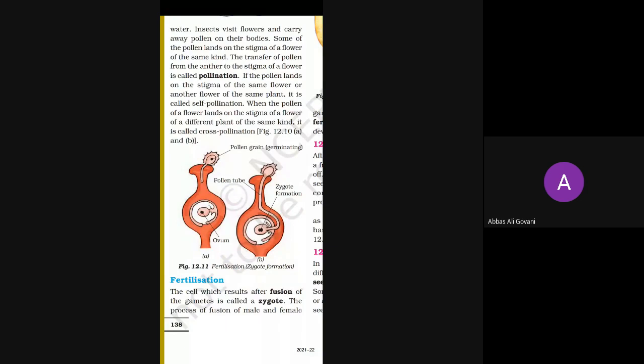Remember the difference between them. Self-pollination means transfer of pollen grain within the same flower. But in cross-pollination, pollen grain transfers from stamen to stigma in different flowers.